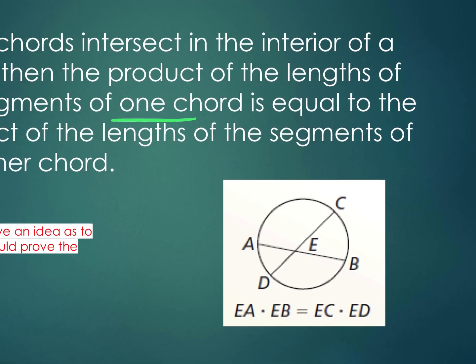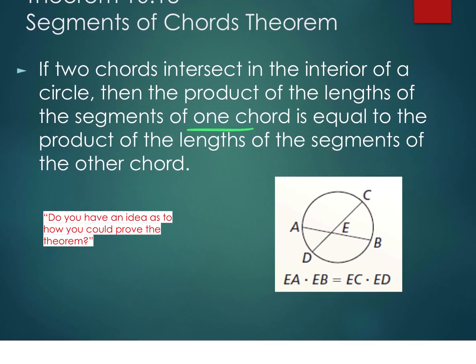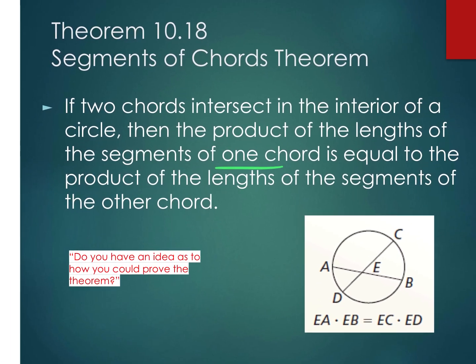So, the 2 segments that we're looking at in our example, we would multiply EA times EB, and that would be the same as multiplying EC by ED. Okay? So as long as you're multiplying both segments together of the same chord and those 2 chords intersect, they will be equivalent.